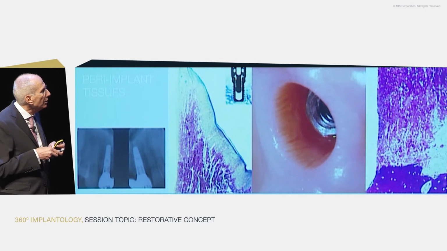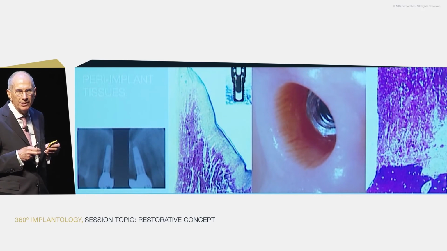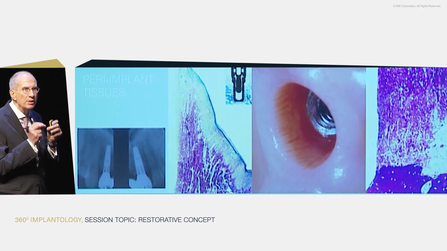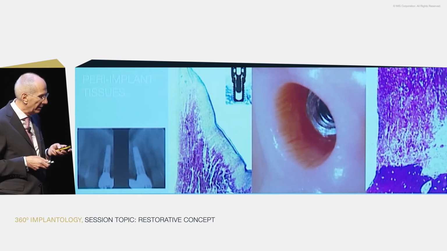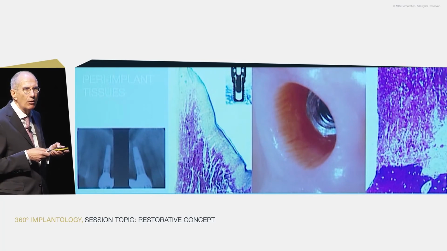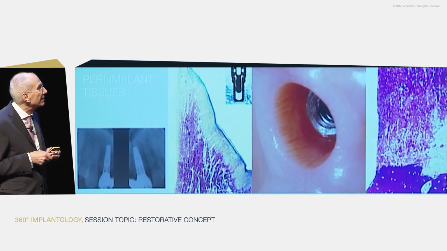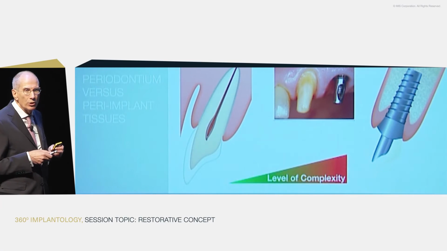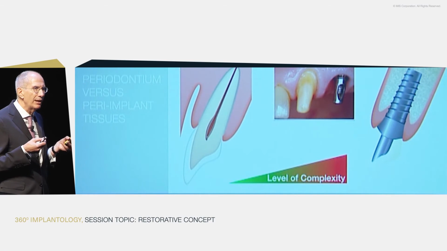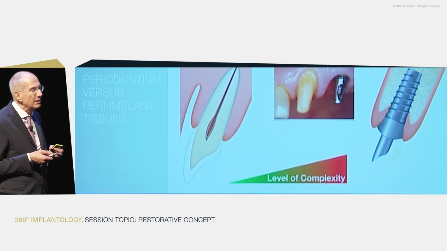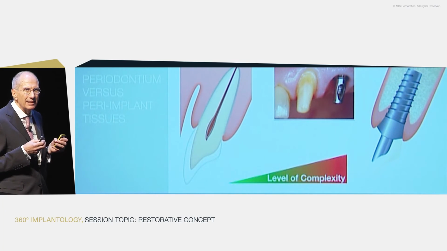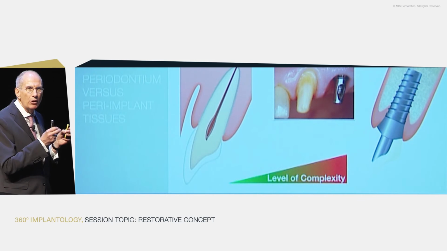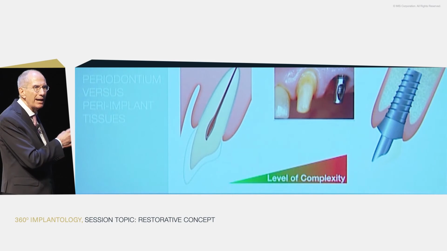But we have here also very nice vascularization, but the whole tissue is different, and we have to accept that even if we are going for aesthetics. And that's why it's more complex, and it has been very nicely shown by Nitzan this morning how complex it is, because we are not dealing with a periodontium.